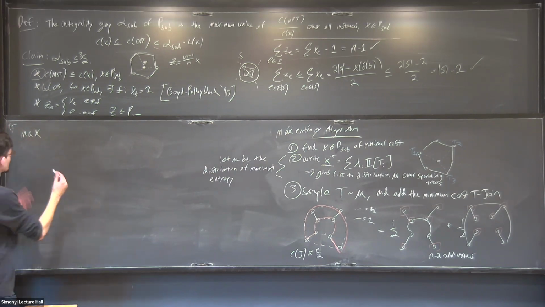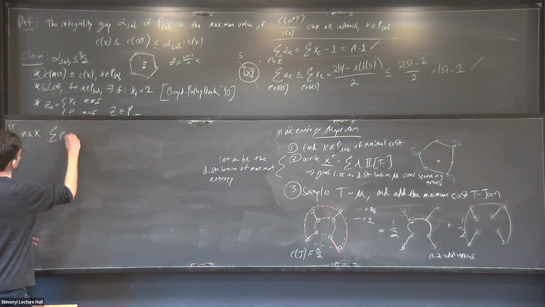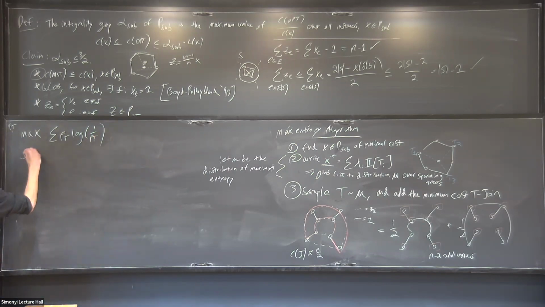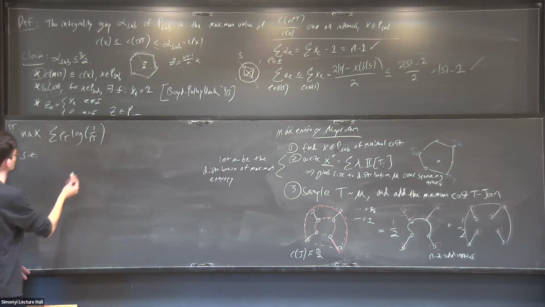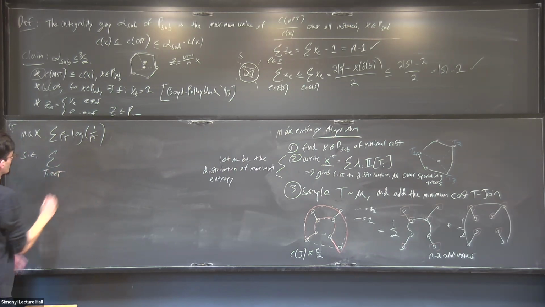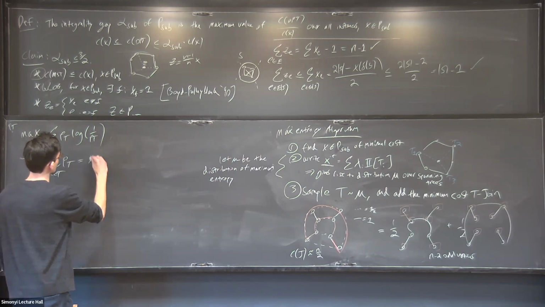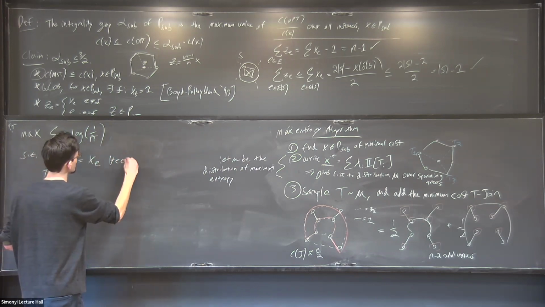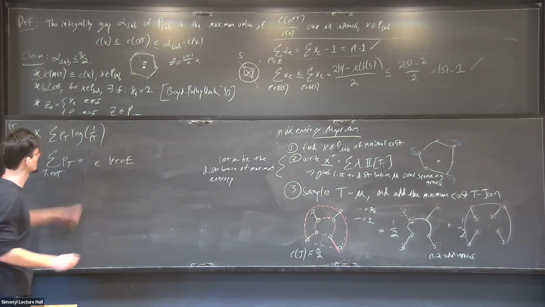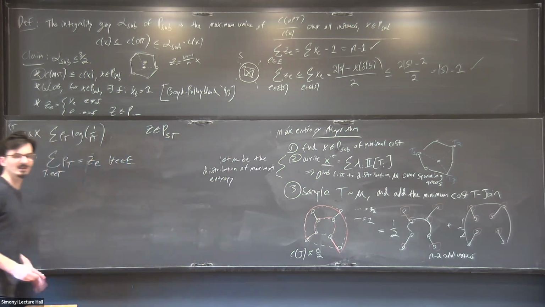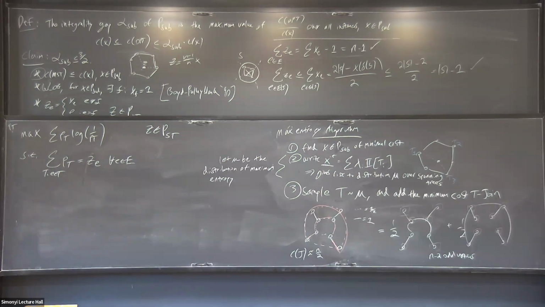And now I just want to maximize my entropy, subject to the constraint that I'm a convex combination of trees, and that when I sum over the trees containing a particular edge E, this is equal to XE, and actually I'll say ZE, because Z is going to be some point in the spanning tree polytope.